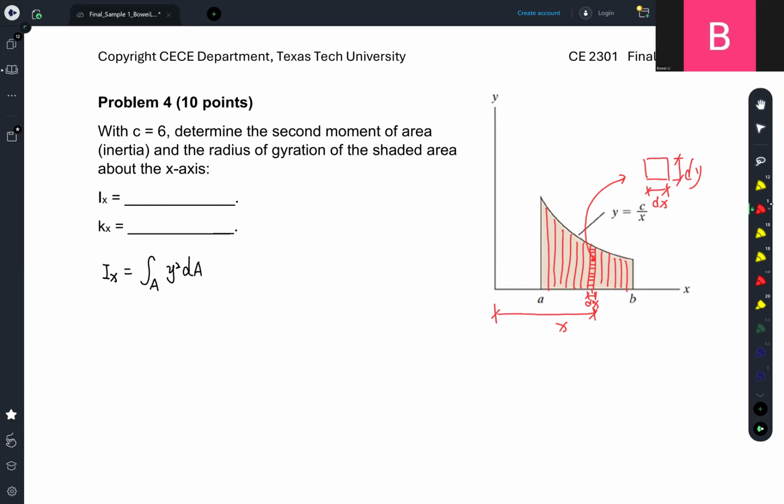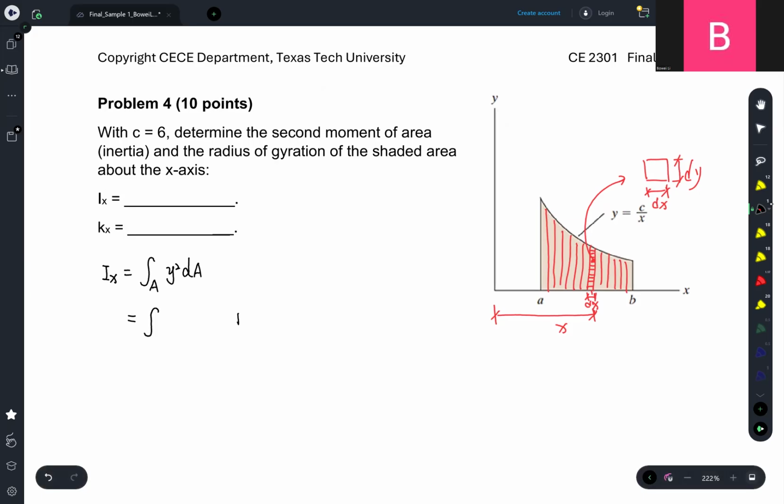After we divide that, we take the summation, which in the continuous case is integration. We first divide along x, so the outer integration is on x, from a to b.